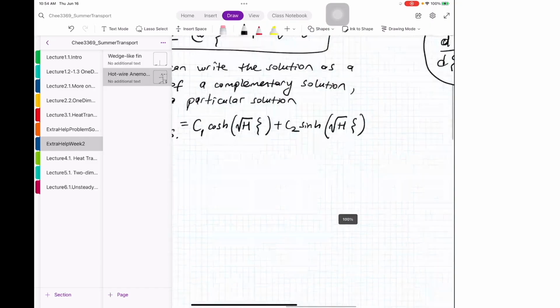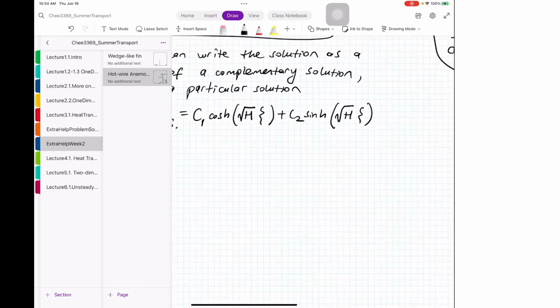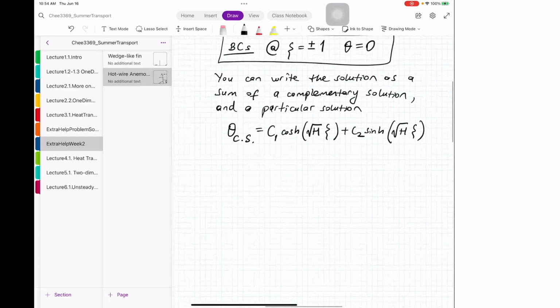Because these are exponential, and any linear combination of exponential and exponential minus can be written as the combination of cosine and sine hyperbolics.